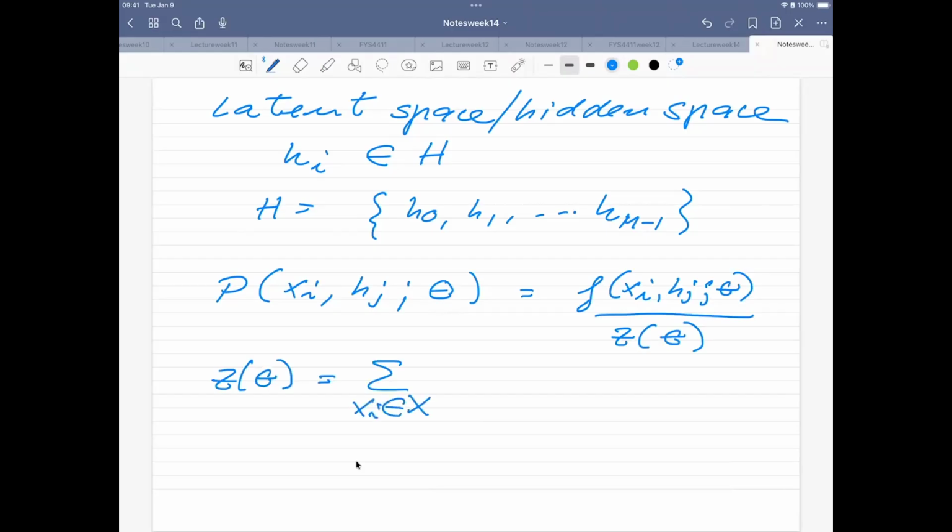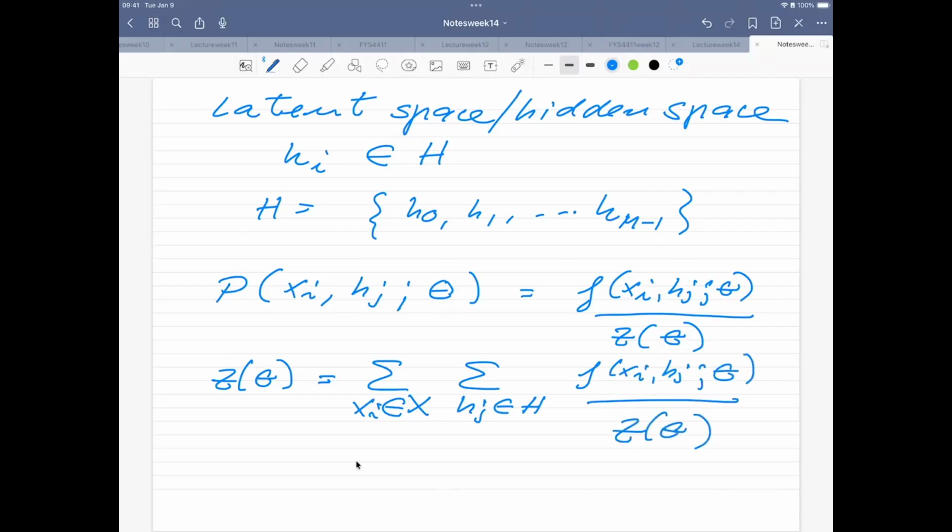So if we are dealing with discrete variables, which is normally the case, that's the most common case, then this is simply the sum over this xi and hj divided by z of theta. So that's a normalization constant, and this is a quantity which in the case of a Boltzmann machine actually causes problems for us in the optimization part.